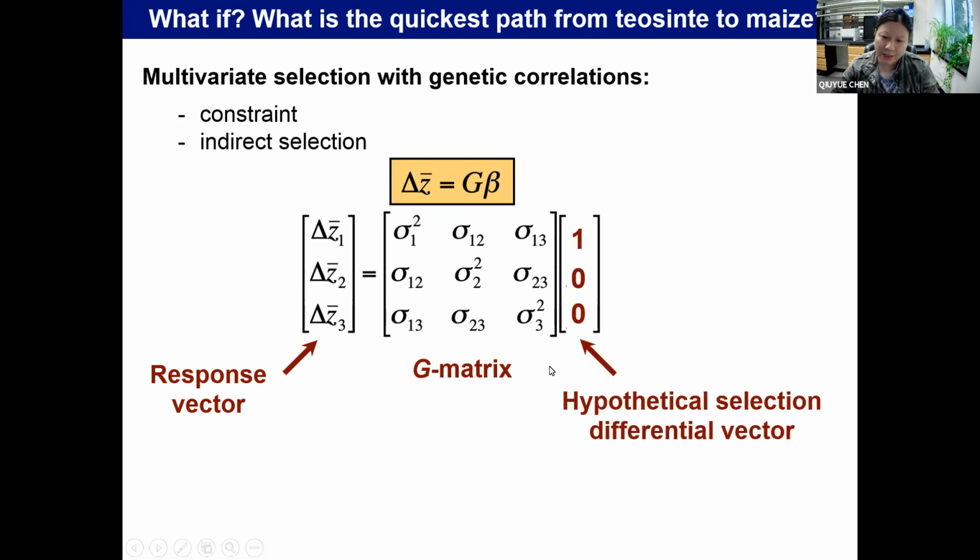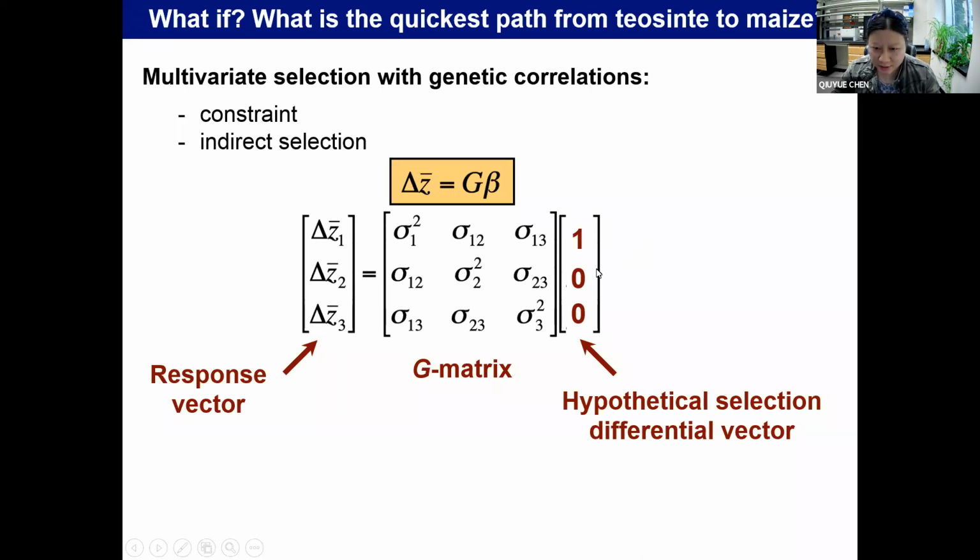So what we did is to simulate a hypothetical selection differential vector, where the vector has an element of 1 for a single trait, and 0 for all the other traits.